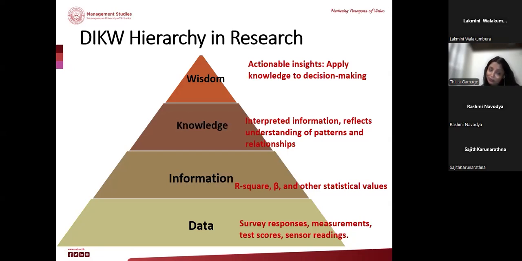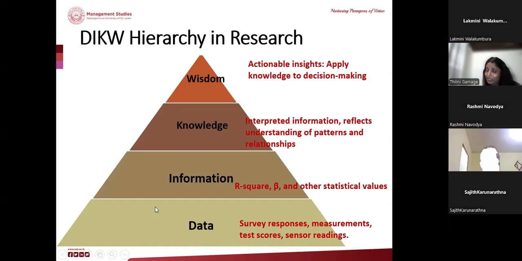So that's very important. The way that you write the discussion of your findings will reflect your knowledge and wisdom. And if you're thinking about going for a good grade or publishing your work in a reputed journal, these are the two areas that you have to focus on. Data, I don't think it will be a problem. You have to collect data, but that doesn't mean whatever data you collect can be considered as it is.